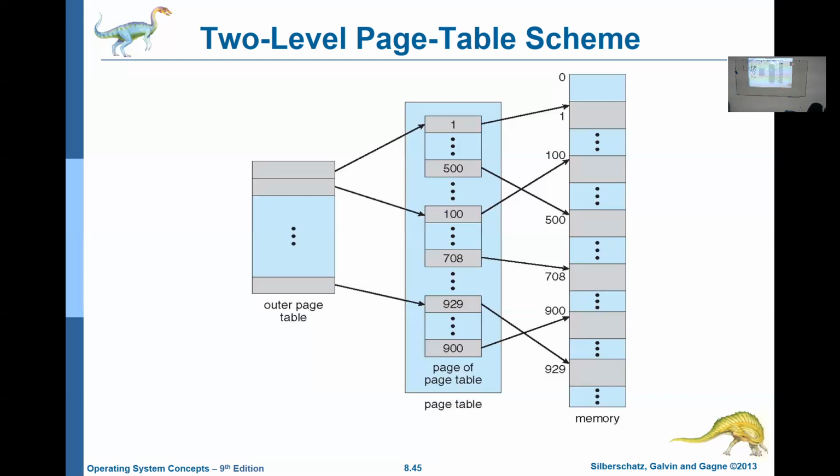Now this is all well and good, except that if this page table is larger than the page size, then I can't do this. Because I can't just count down 6, because it could be that 6 is already on a different physical frame.